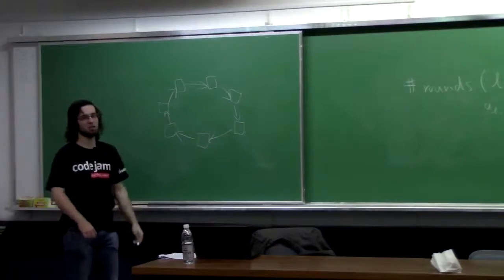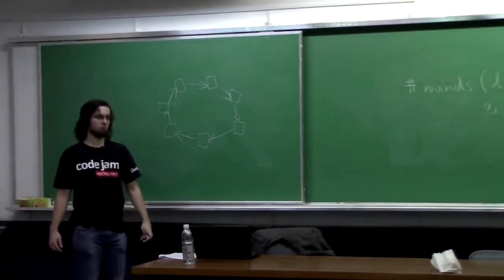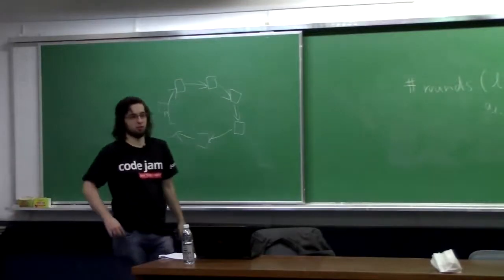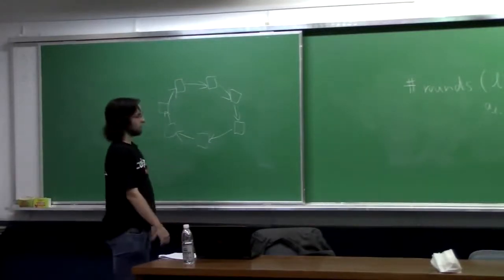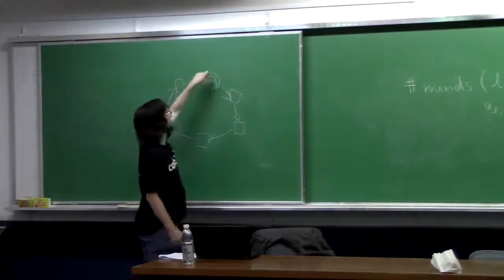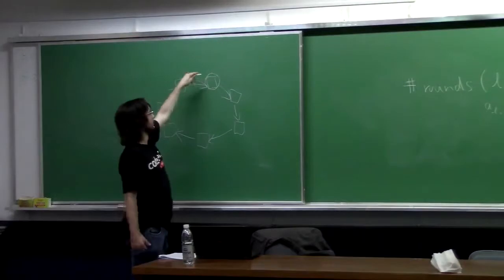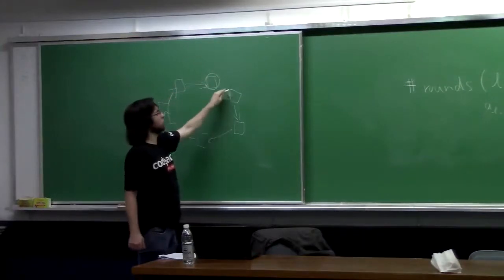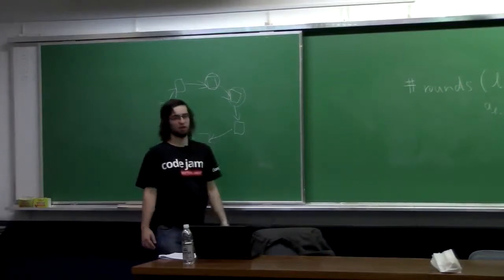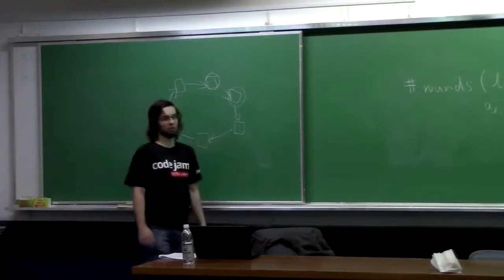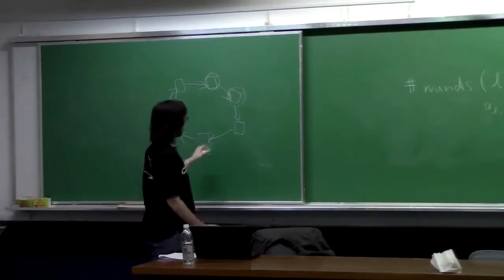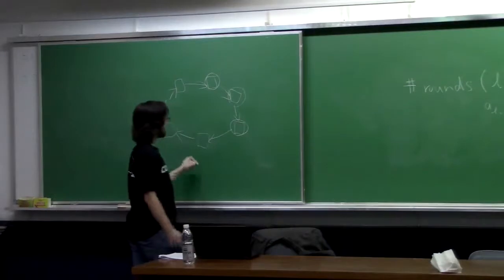For each ice cream stand we have some group of ice cream types that are sold in this stand, and we want to start at some stand, buy all the ice cream types that are in this stand, then move on to the next stand in the circle, and buy everything in that stand. Of course, each stand can sell more than one of each ice cream type.